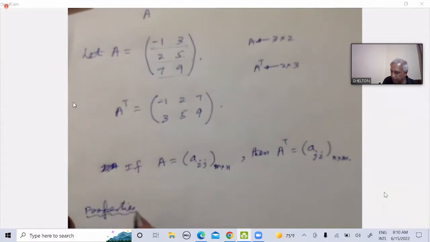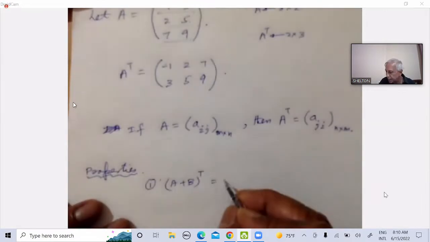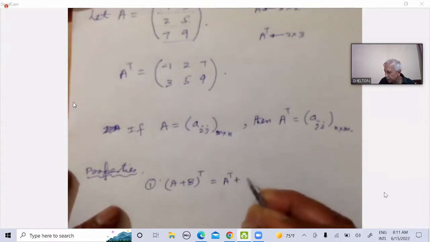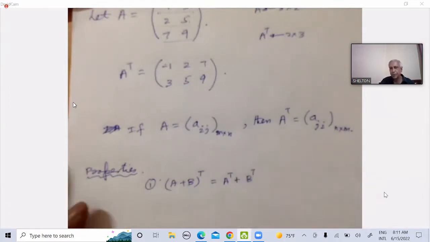Some properties of A transpose. This is easy to see. First one, what is (A plus B) transpose? It is the same as A transpose plus B transpose.